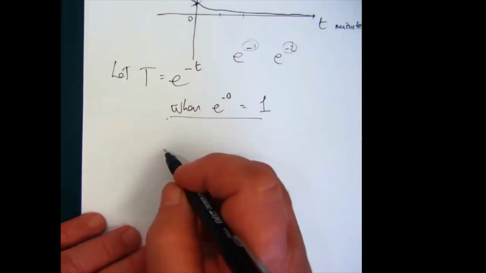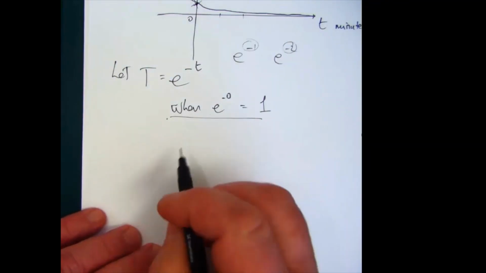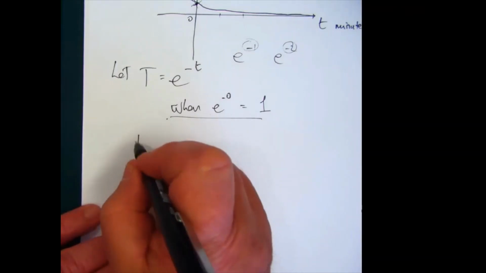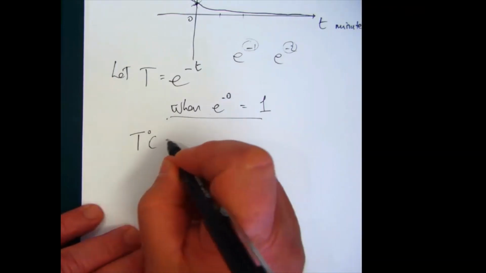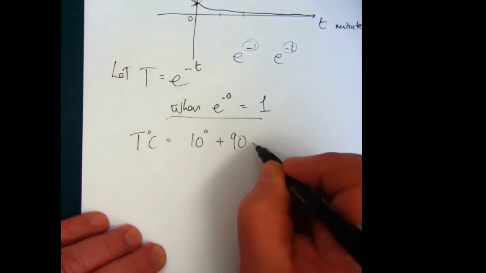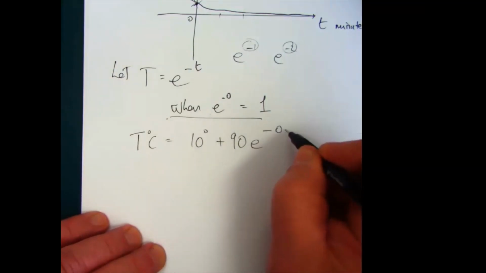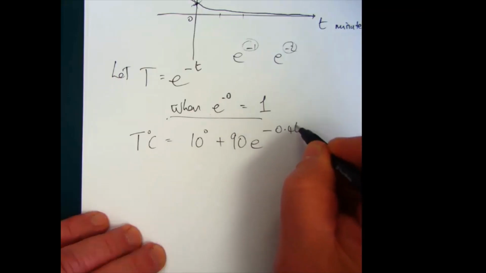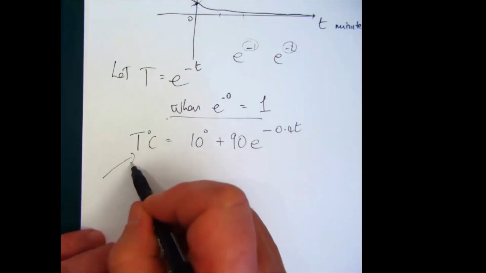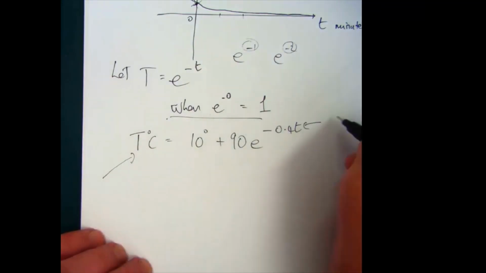Experiments are done and equations are formed from actual real data. So we have something like this. T degrees C equals 10 degrees, for example, plus 90 multiplied by e to the -0.4t. Your two variables here, you've got T temperature and little t, which is time.